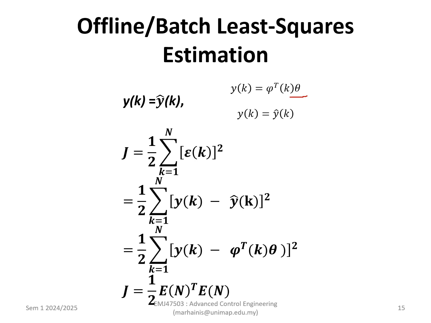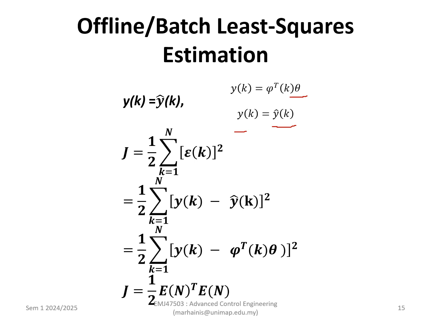Theta is determined such that the output calculated from the right hand side of this equation, y hat k equal to phi transpose k theta, matches as closely as possible the measured yk in the sense of least square.